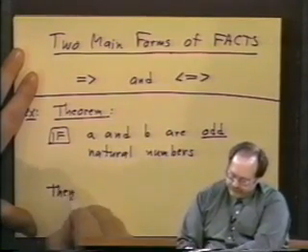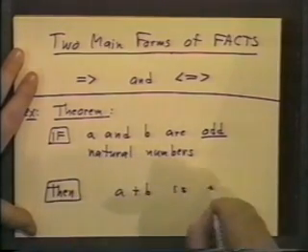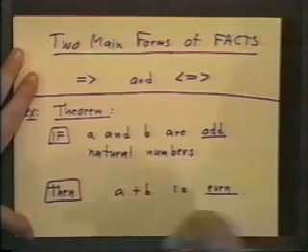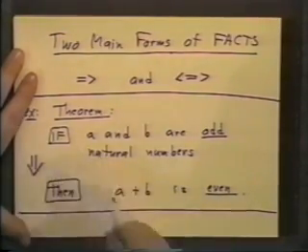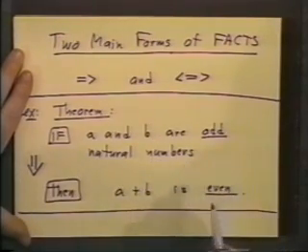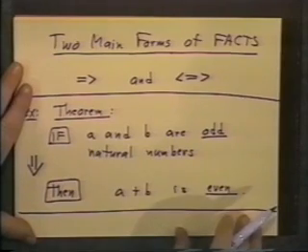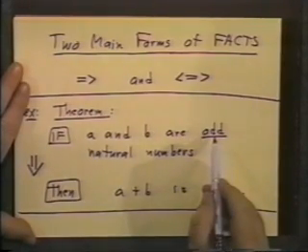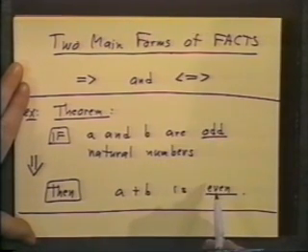Then A plus B is even. Now there's the theorem. And notice it's a one-directional arrow. If this statement holds, then this statement follows. And this is not a hard theorem. This is one you know already. If you take two odd numbers and add them together, like adding 3 and 5, you get 8, which is an even number. That will always work.